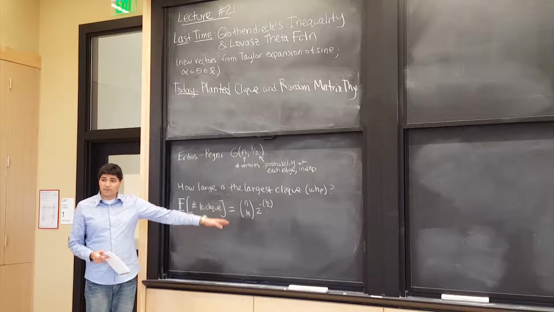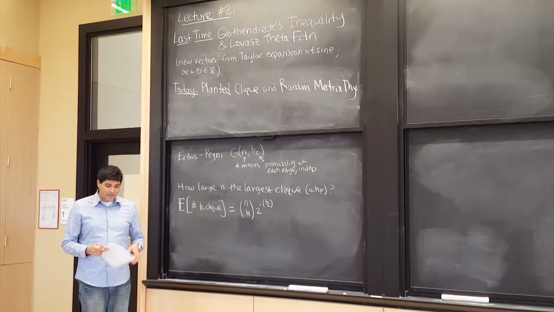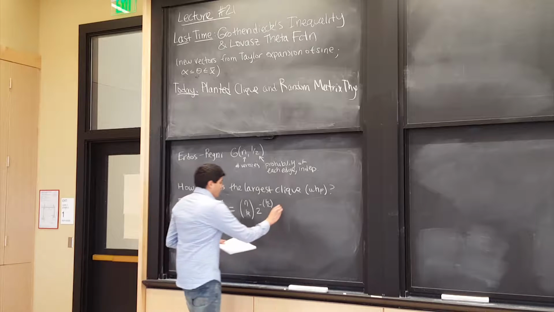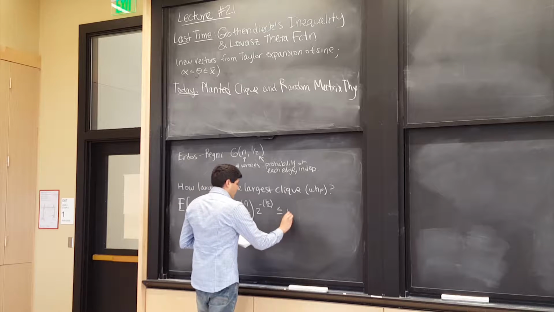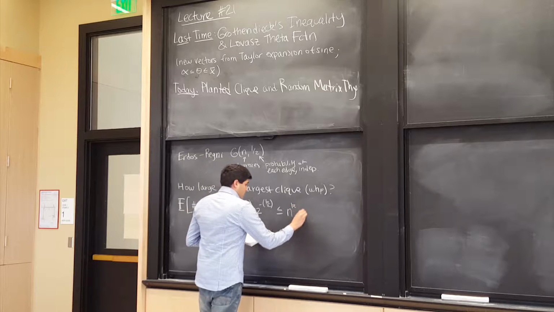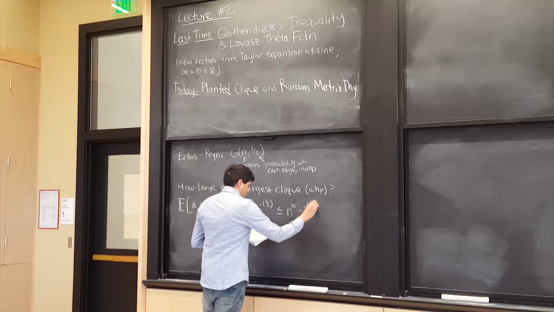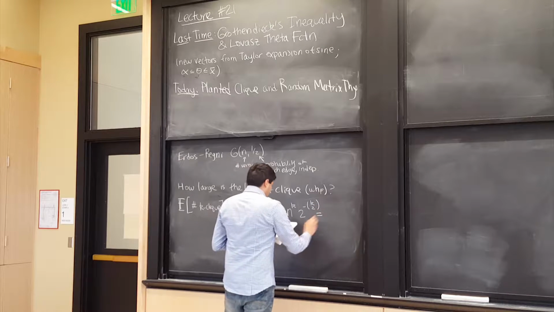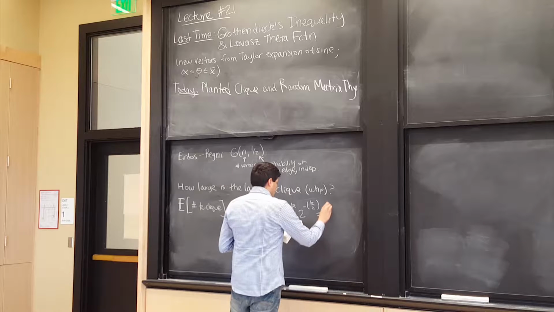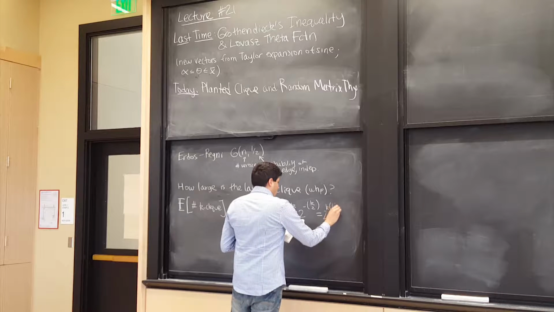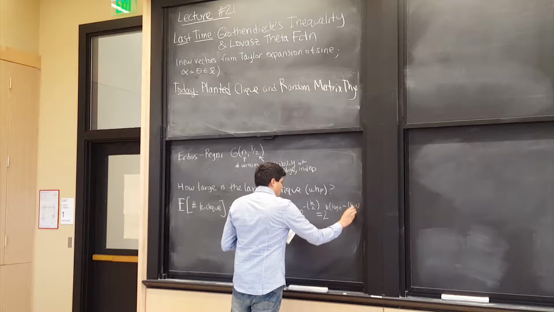So this naively will only give us an upper bound, but let's see what this upper bound yields. In fact, we can now just upper bound this with n to the k times 2 to the minus k choose 2, which I'm going to rewrite slightly as 2 to the k log n minus k times k minus 1 over 2.